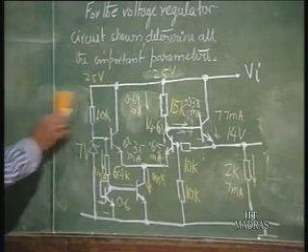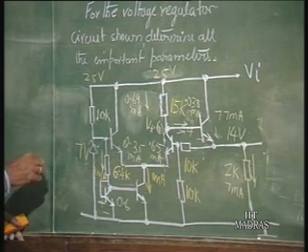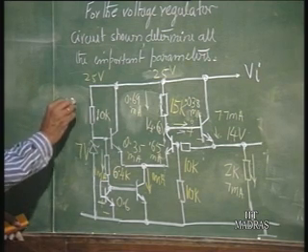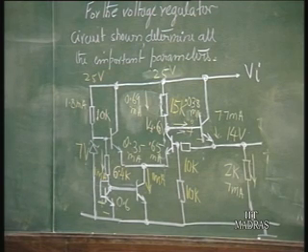This is going to be how much? 25 minus 7, that is 18 by 10 K, 1.8 milliamperes. So these are the operating currents. Now, how do we fix the output impedance? First, let us find out the open loop gain of this structure.